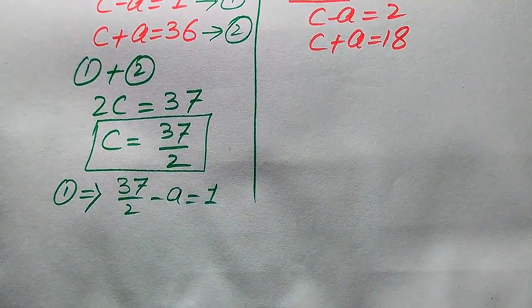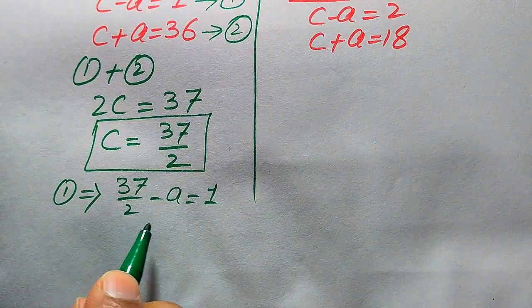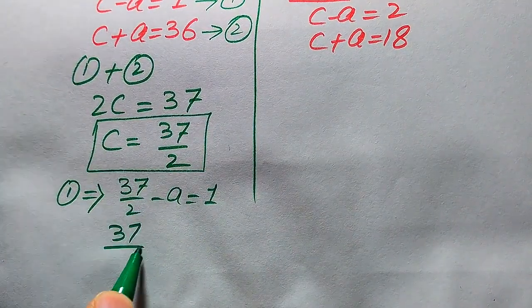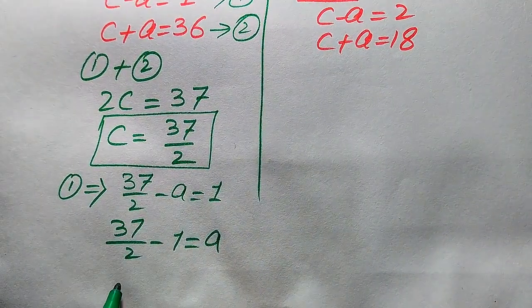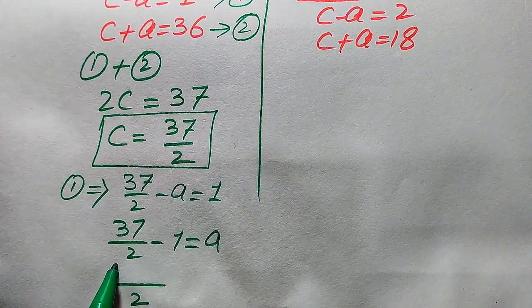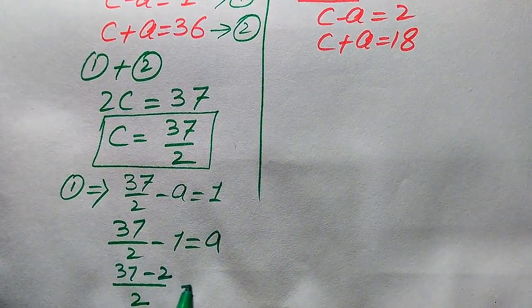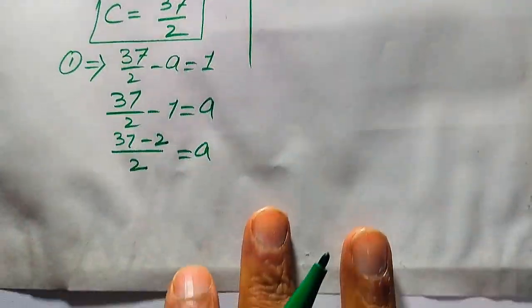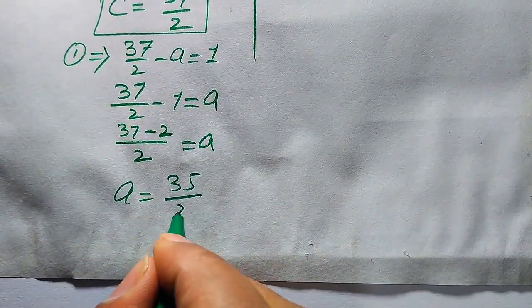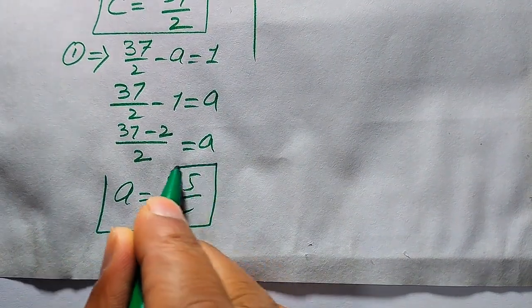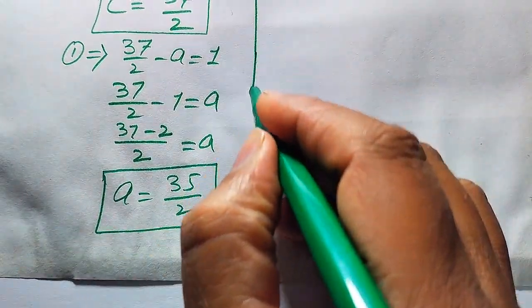So here we easily get a equals 37 divided by 2 minus 1, and when we take the LCM we get 37 minus 2 equals a, and here we easily get the value of a equals 35 over 2. So these are the two values of a and c.